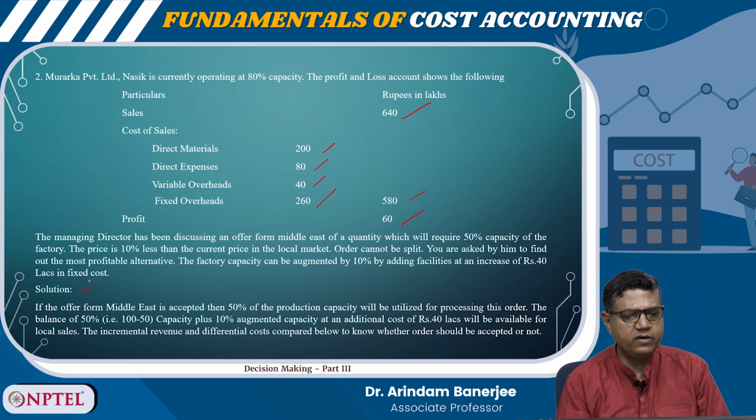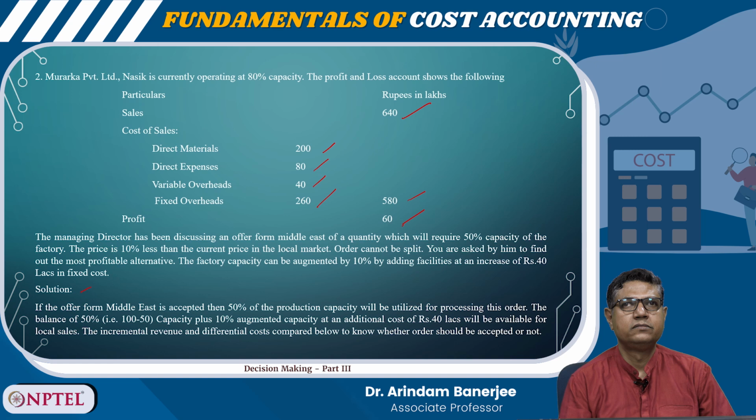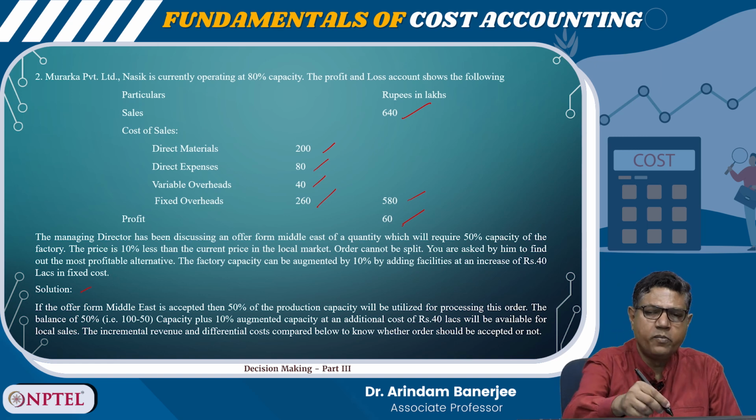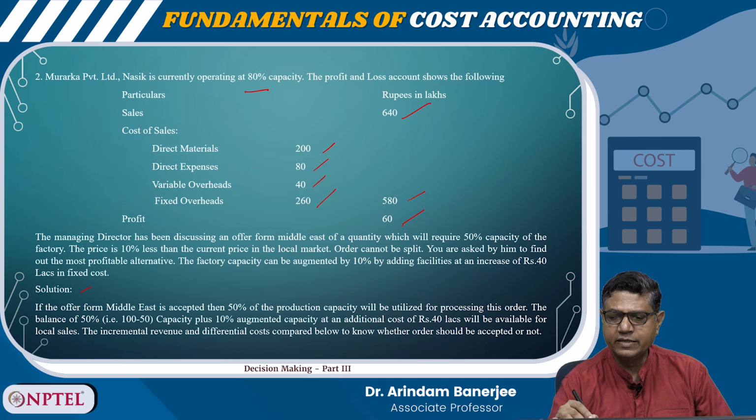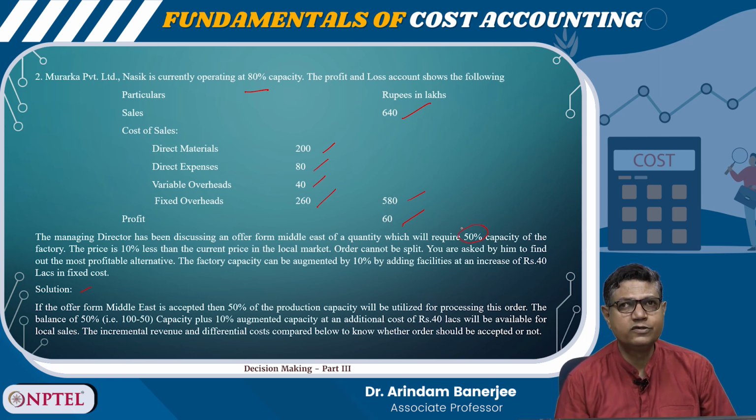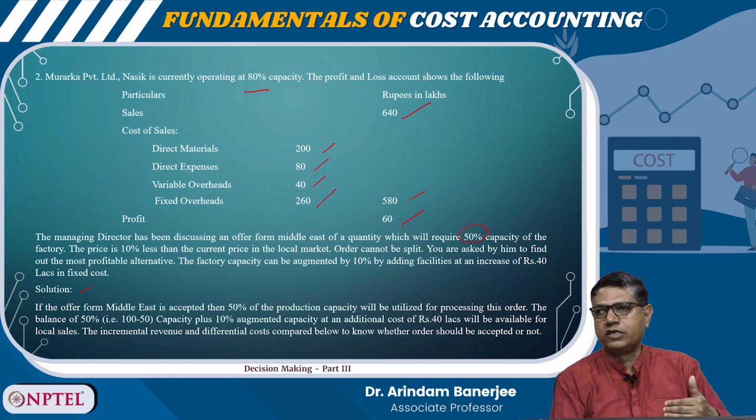If the offer from the Middle East is accepted, then 50% of the production capacity will be utilized for processing this order. It is already operating at 80%, but if the offer is accepted, then of course 50% capacity it will require. So, it needs to curtail the local production.